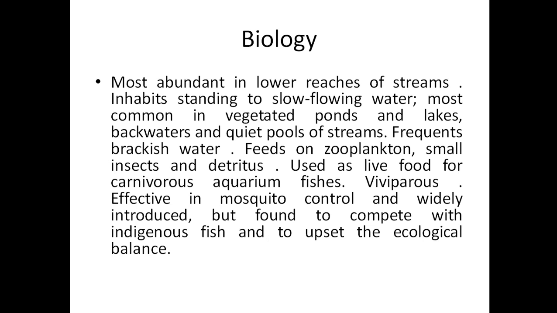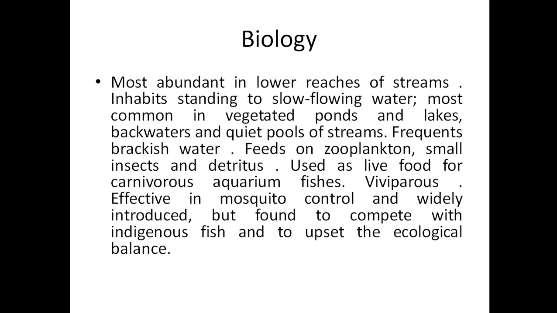And this fish is abundant in the lower reaches, inhabiting standing to slow flowing water. Wherever the pond or lake has vegetation, it is the most common. Backwater. It feeds on zooplankton, small insects, detritus, and mainly on the mosquitoes.